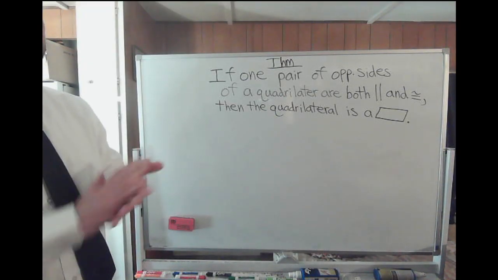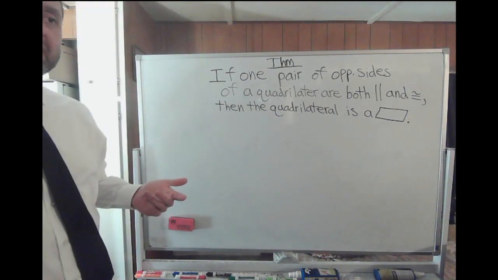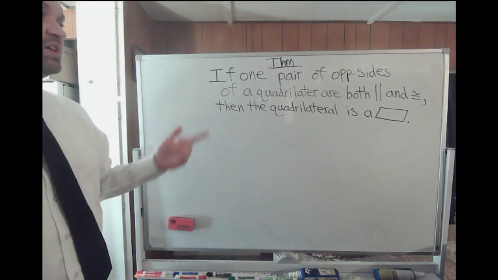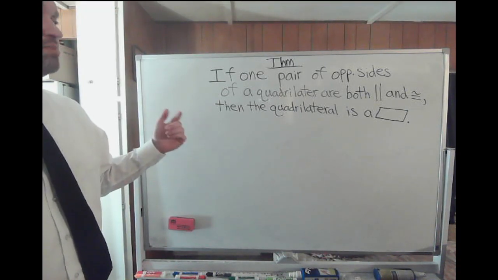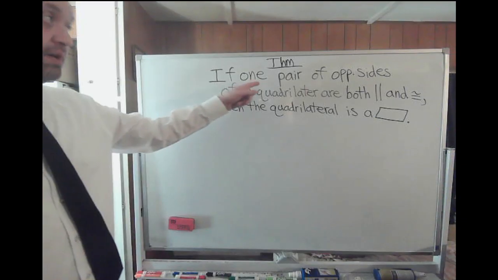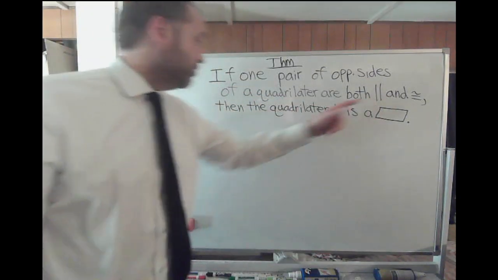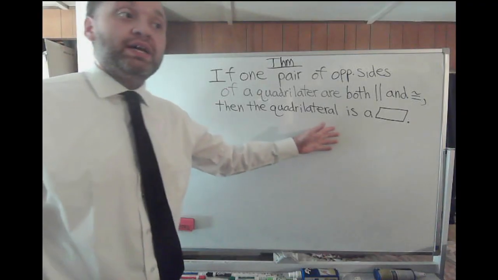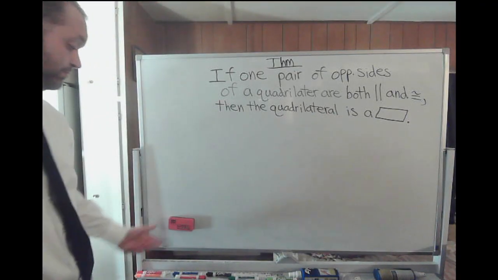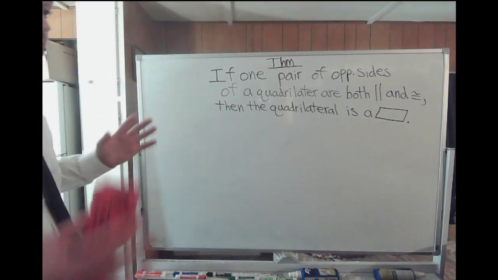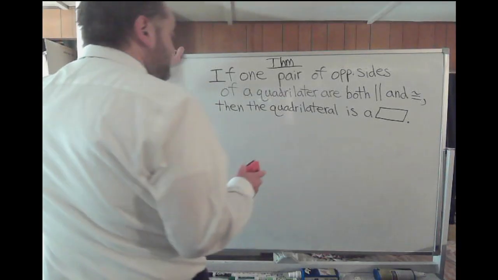So we didn't quite have a converse to that yesterday, but this is almost intuitive. So to repeat that, if one pair of opposite sides of a quadrilateral are both parallel and congruent, then the quadrilateral is a parallelogram. And we're going to put all these into practice here in just a minute.